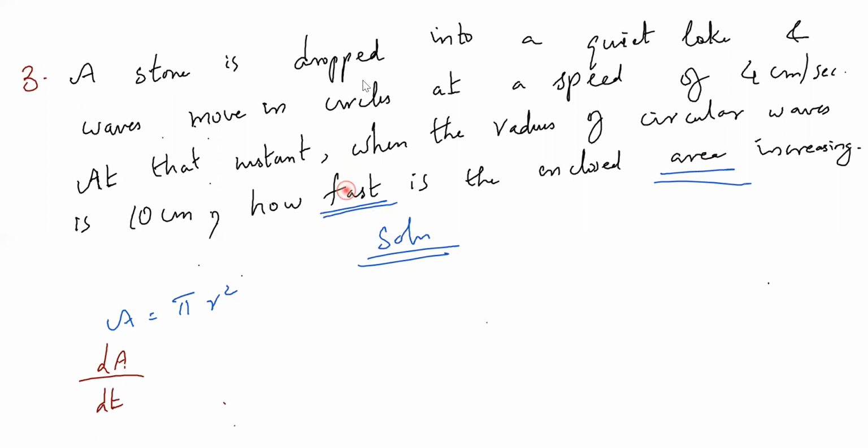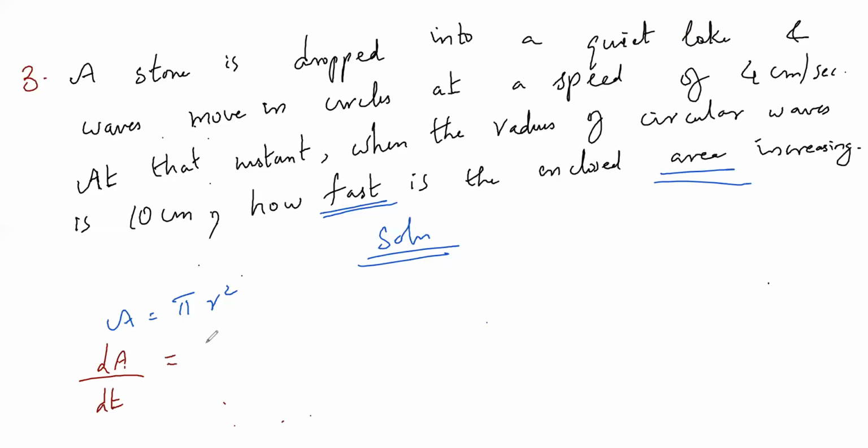So fast means what? How fast, which means time. Is the enclosed area increasing? So which means we have to do area with respect to time. That's all, simple thing. So we have to find dA by dt, area with respect to time, in this question.